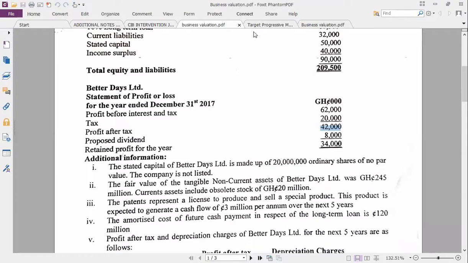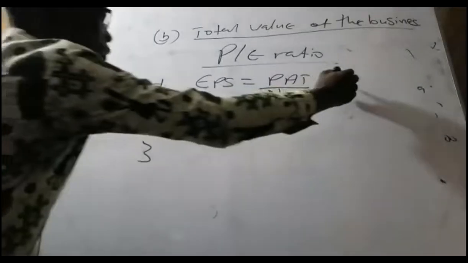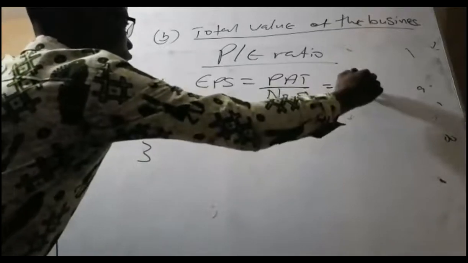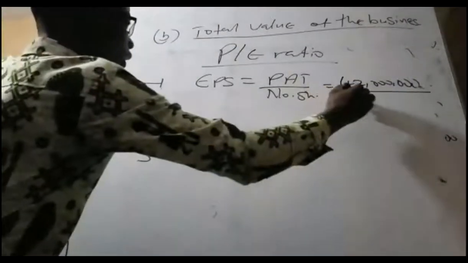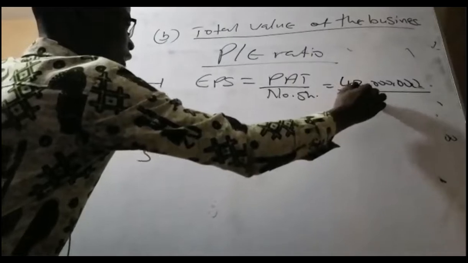But everything about this question is the same as the sweet potato. So 42,000 will be 42 million. Then the number of shares: we read that they have 28 million shares in the first footnote.